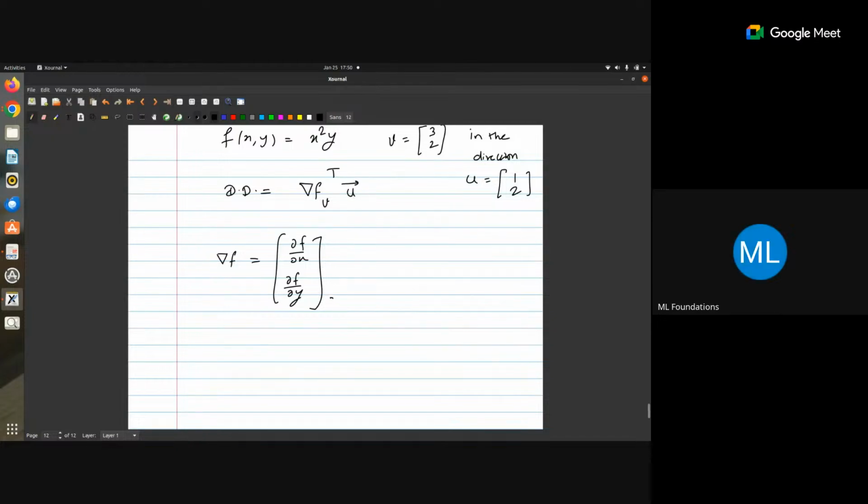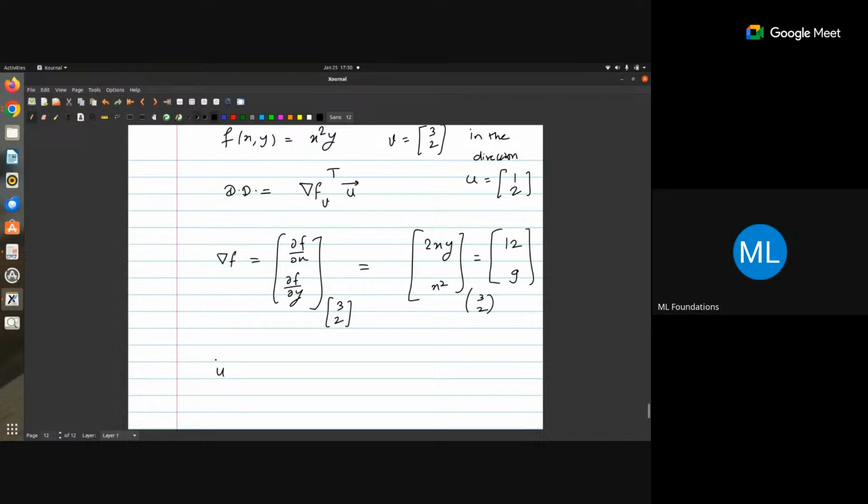At (3, 2), what is the gradient here? Del F by del X is 2xy, and del F by del Y is x squared. At the point (3, 2), the values are 12 and 9. So this is my vector.